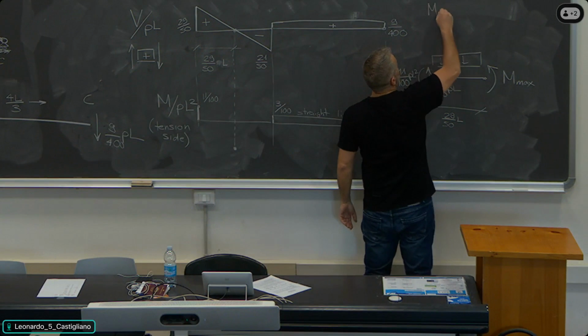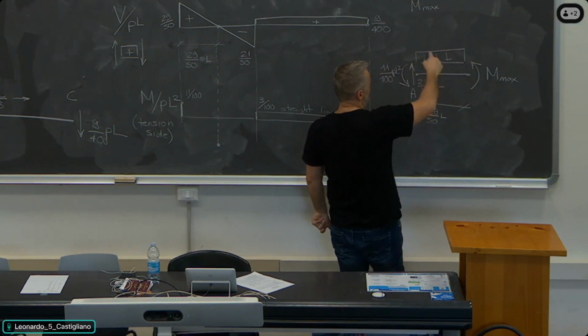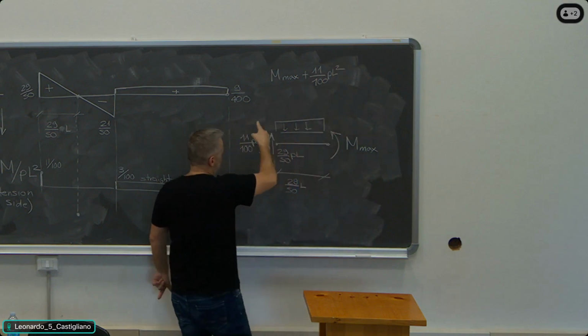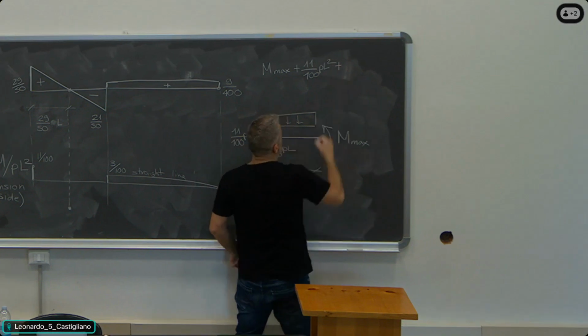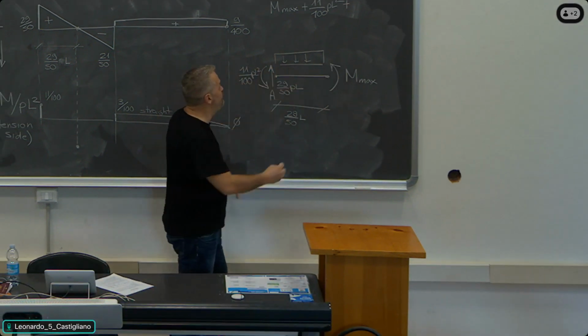What is it? M max, which is counterclockwise, plus 11 divided by 100 PL square, which is counterclockwise, plus the contribution of the load. What is the contribution of the load? Careful.